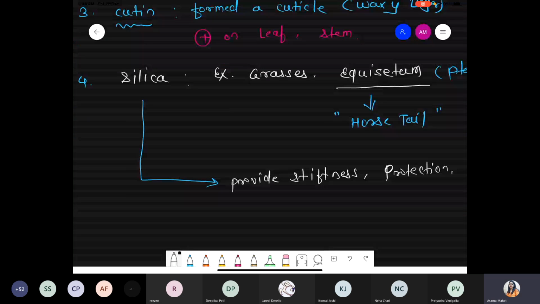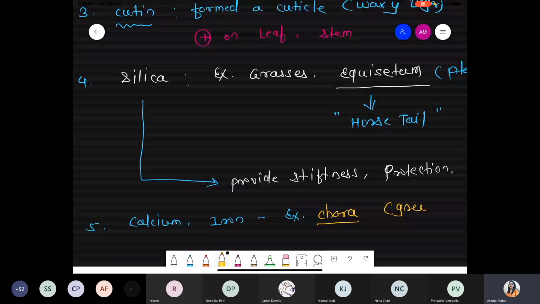Okay. And the last point, number 5, there is a deposition of some material like calcium as well as iron. And the best example is Chara. Chara is a part of the green algae.